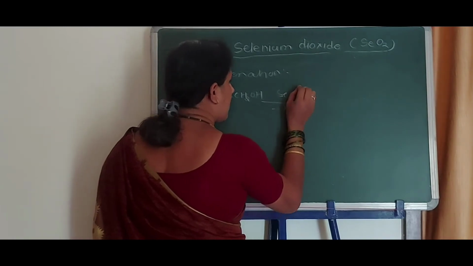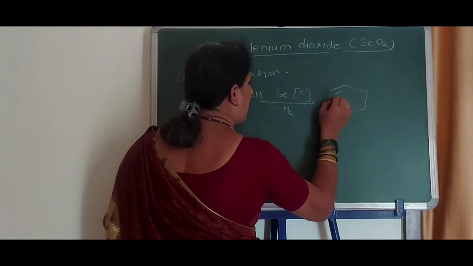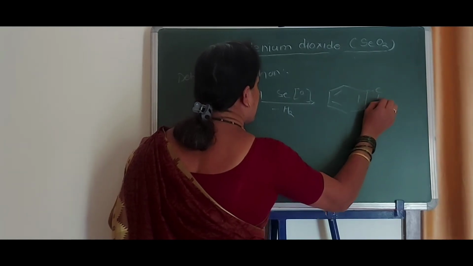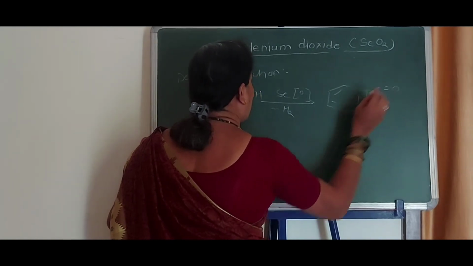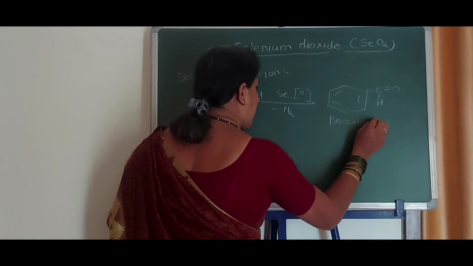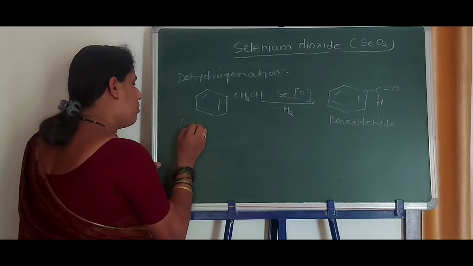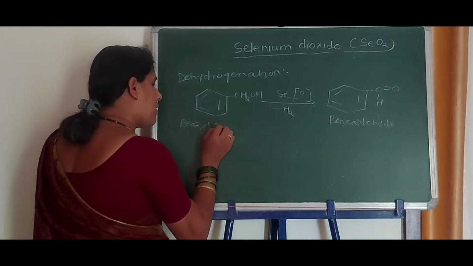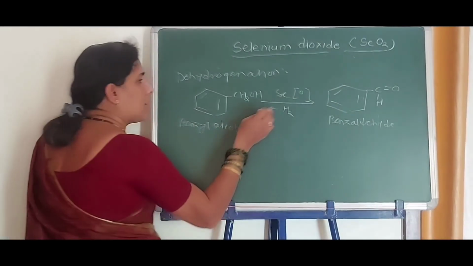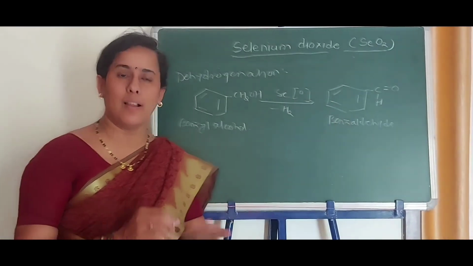In presence of selenium oxidation, it gives rise to the compound CHO. The name of this compound is benzaldehyde. Benzyl alcohol on dehydrogenation gives rise to benzaldehyde.